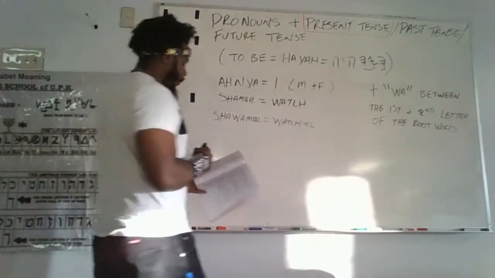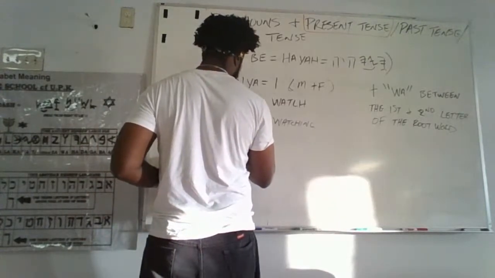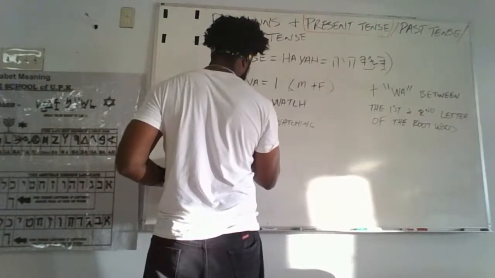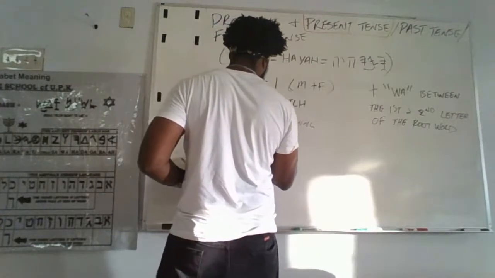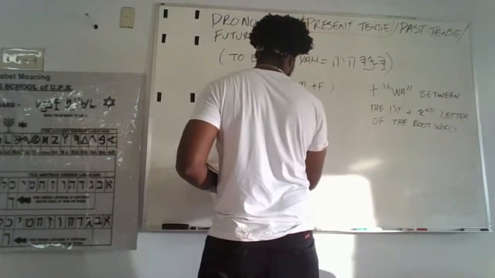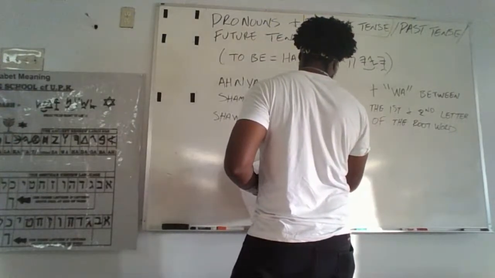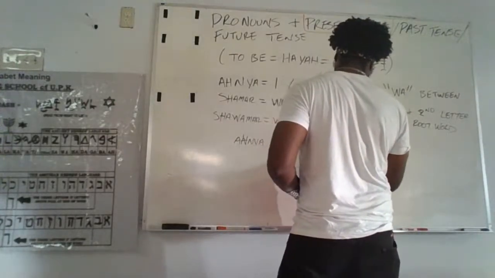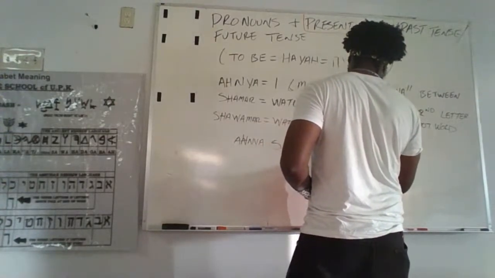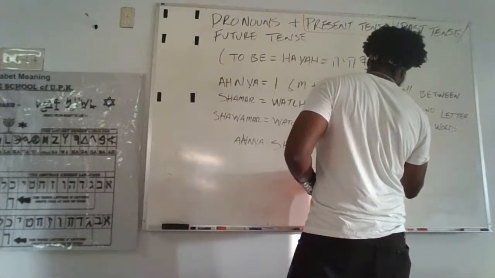Okay. So the sentence would be Anya Sha Wa Mar, which means I am, which is implied, watching.